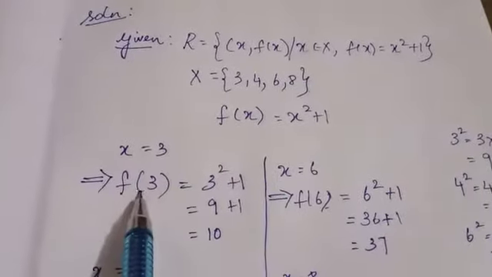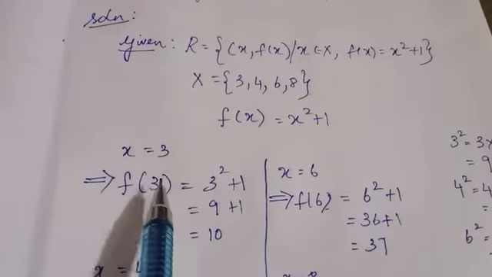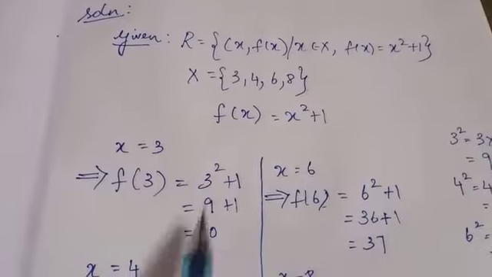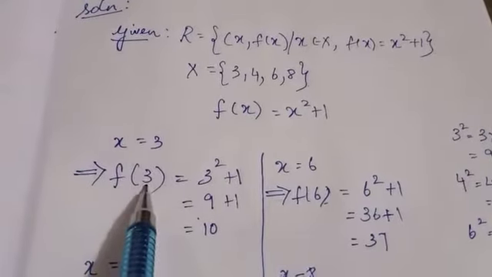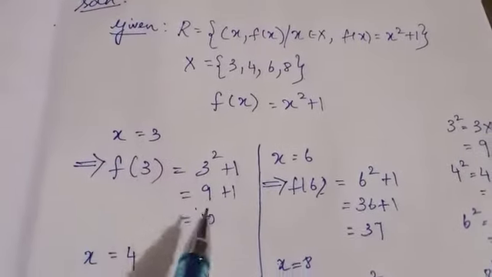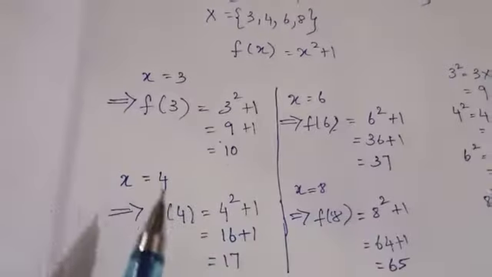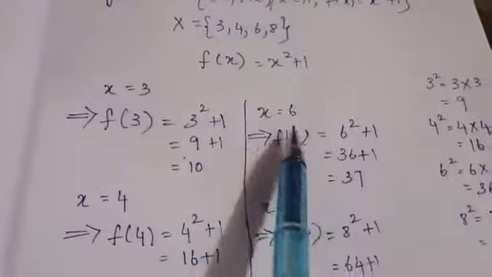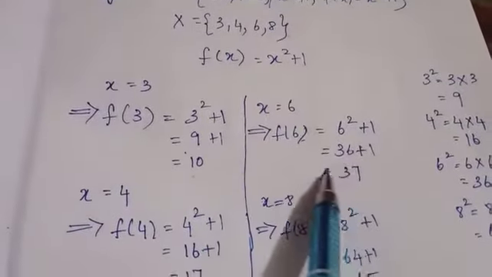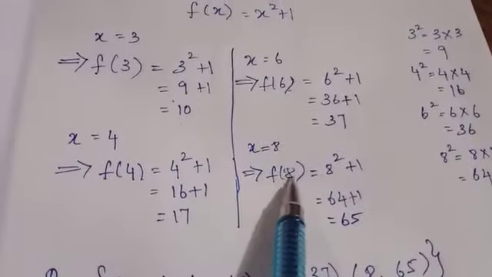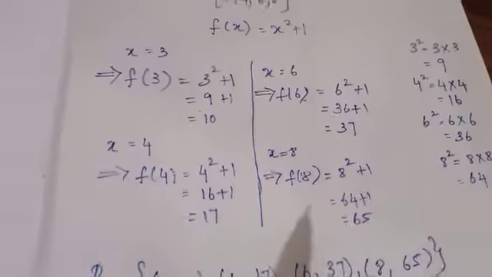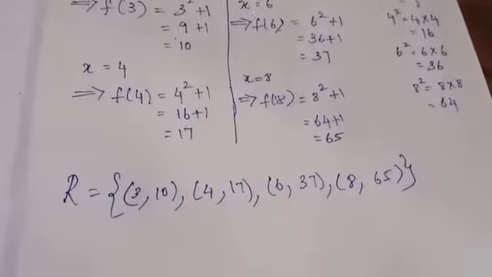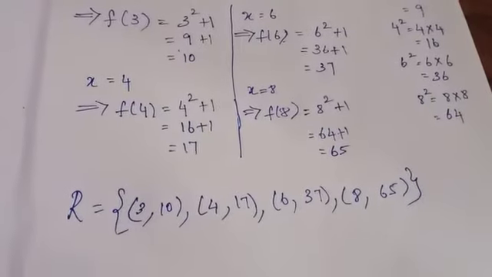In the same way, this is our input and we have to check whether this input has a single output. So here the input 3 has a single output 10. 4 has a single output 17. 6 has a single output 37, and 8 has a single output 65. Since every input has a single output, this relation is a function.